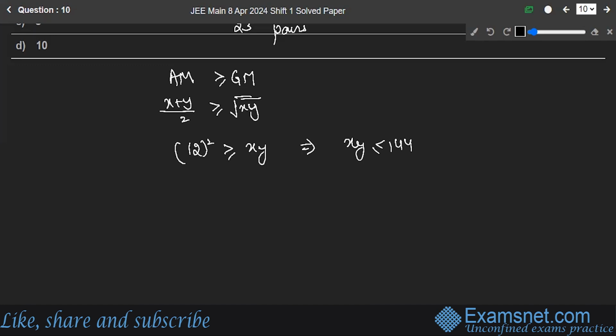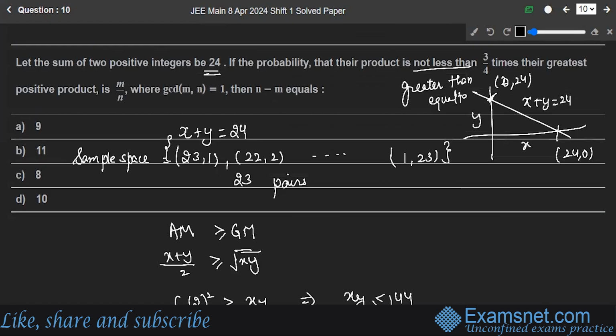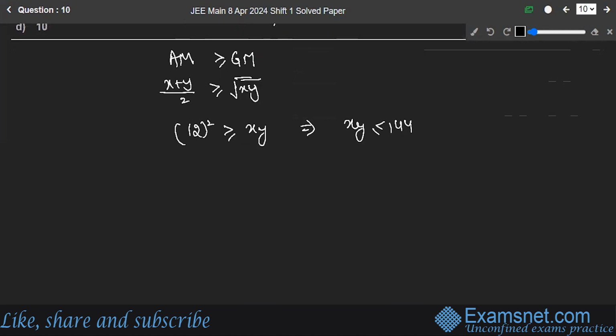Now, according to the question, you have to pick such numbers that their product is not less than, or you can say their product is greater than or equal to 3 by 4 times their greatest positive product. So this is the maximum positive product, right? So 3 by 4 of the greatest positive product.